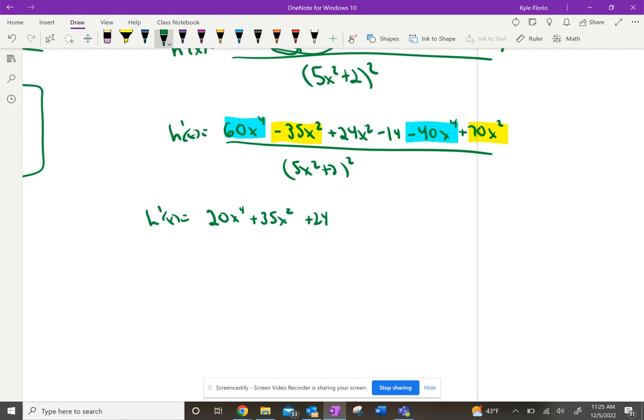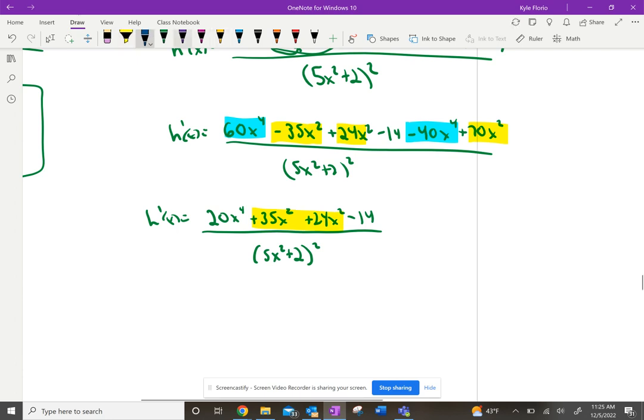And then we have a plus 24x squared minus 14, all over 5x squared plus 2 squared. Uh-oh, I made a mistake. Oh, no, I didn't. We have more like terms. I just could have done it all together up here, but I was being a silly goose.